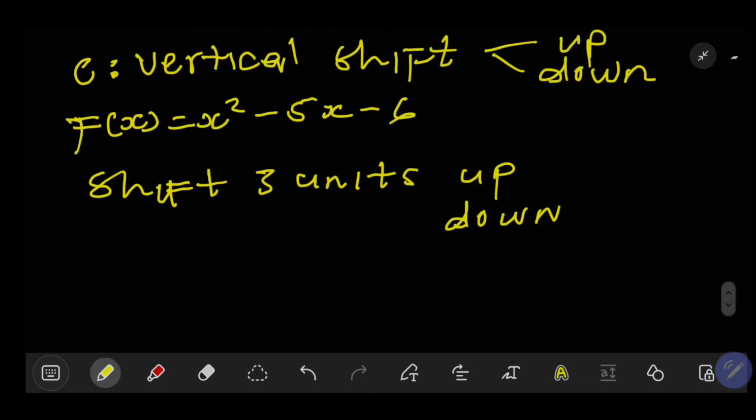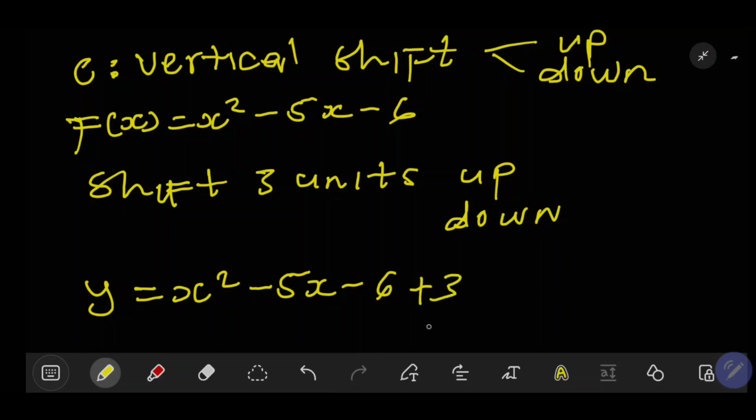So when you want to shift this 3 units up, you're going to say y is equal to x squared minus 5x minus 6. Then when you shift this up, it means you're going to add this 3 here. Then now your new equation becomes x squared minus 5x, then minus 3. In this way, you have shifted the graph 3 units up.